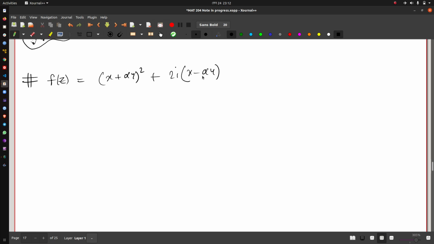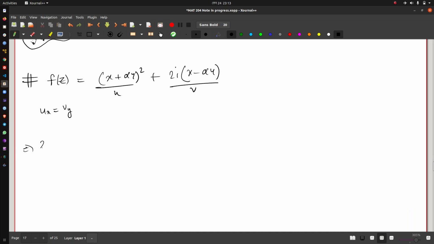They ask whether you can find such alphas that will make your f of z analytic. Okay, so let's try to see. The first thing is we have to see the Cauchy-Riemann conditions, and using them we can first determine whether the function itself is differentiable or not. The Cauchy-Riemann conditions were ux equals vy, so this is our u, this is our v.